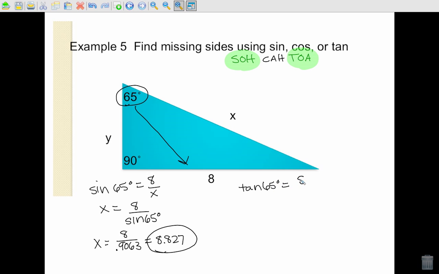Now I want to find y, so this time I'm going to use tangent, because remember that's the one we have to use that has the opposite. So tangent 65 is opposite over adjacent. And again, they're going to switch places.